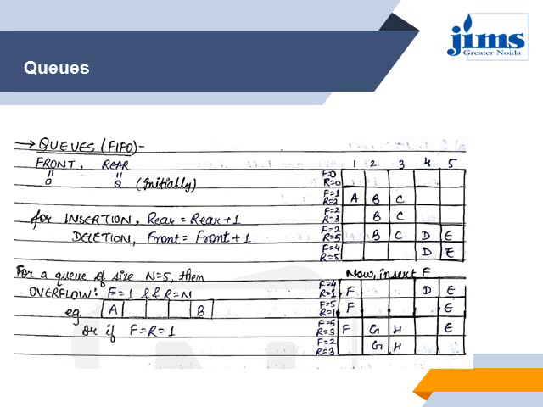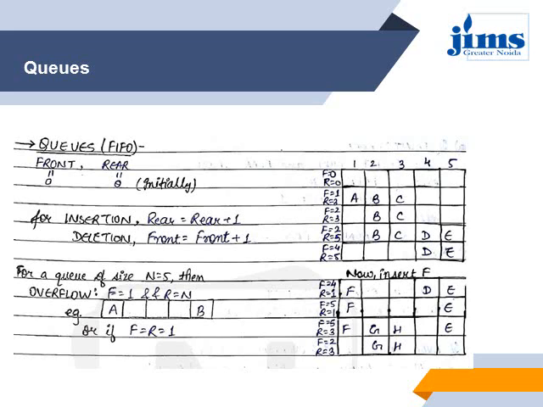Now if I want to insert new values, a, b, c have been inserted, so the rear will now be at c, and the value of rear will be 3, whereas front is at 1. Now if I want to delete a, a has been deleted and front has moved from 1 to 2, whereas the rear stays at 3.